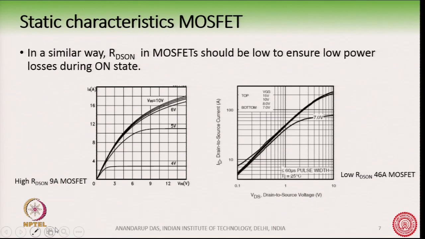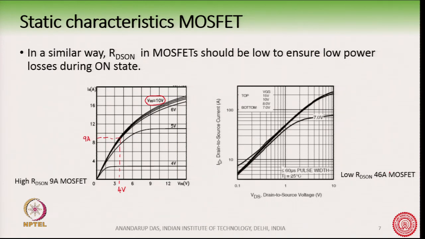For this 9 ampere MOSFET, we are somewhere here, and you can see the VDS may be roughly around 4 volt at 9 ampere, for a VGS value of, maybe, 10 volt.